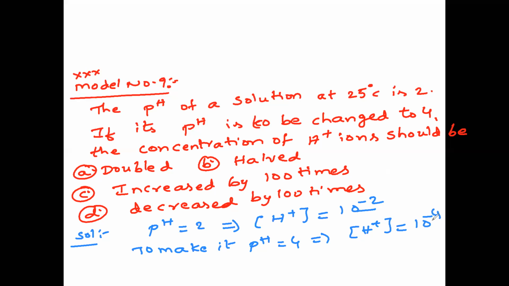So to bring it from 10 to the power of minus 2 to 10 to the power of minus 4, we should decrease it by 100 times. If we take 10 to the power of minus 2 divided by 100, it becomes 10 to the power of minus 4. So the answer is decreased by 100 times. If you dilute it 100 times more, then the pH value automatically becomes 4 from 2. In this way, you'll get the answer. Please note it down. Very, very important model.